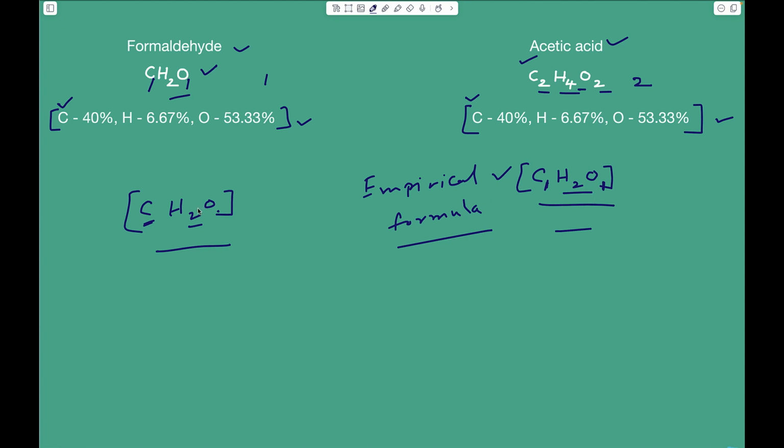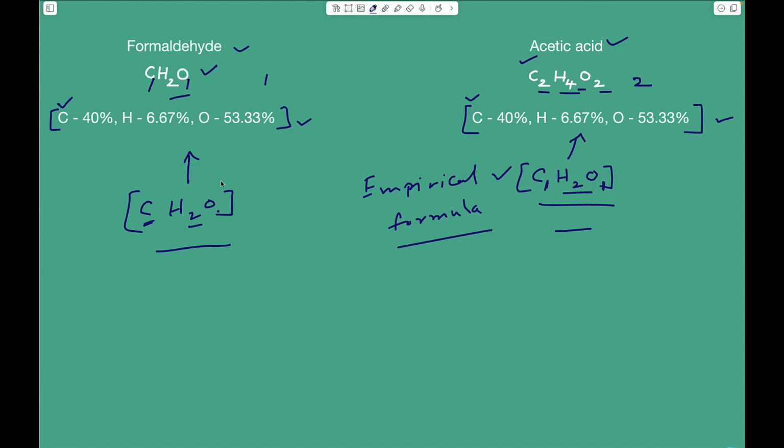That means in their molecules, the relative number of carbon, hydrogen and oxygen atoms is the same. They contain carbon, hydrogen and oxygen atoms in the same relative proportion in their molecules. And that obviously means they have the same percentage composition.